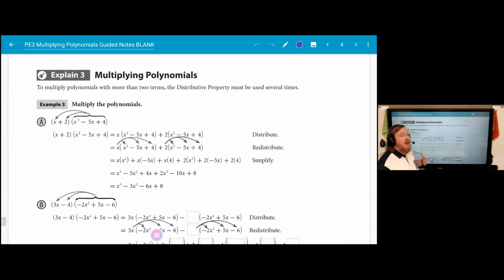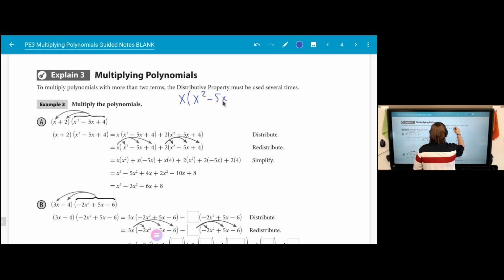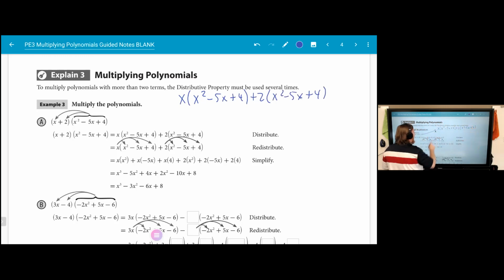In other words, we're going to do the same thing with distribution. We're going to say this is x times x squared minus 5x plus 4, plus 2 times x squared minus 5x plus 4. Okay, so we started here and then went to here. We distributed through x times all of that, then 2 times all of that.